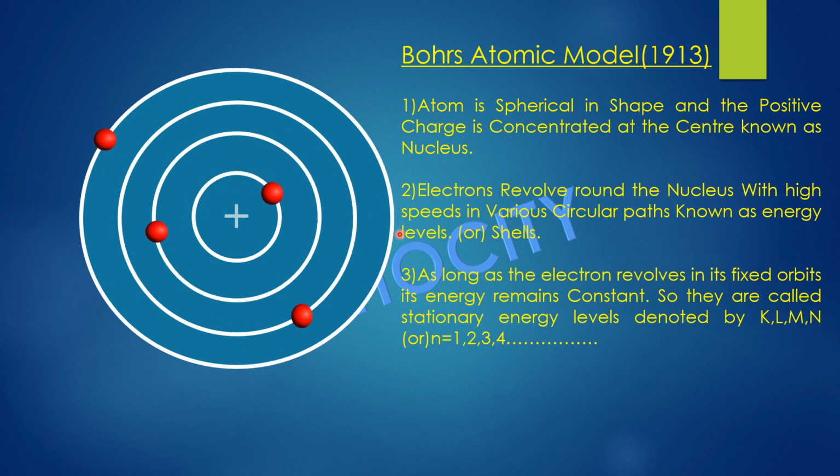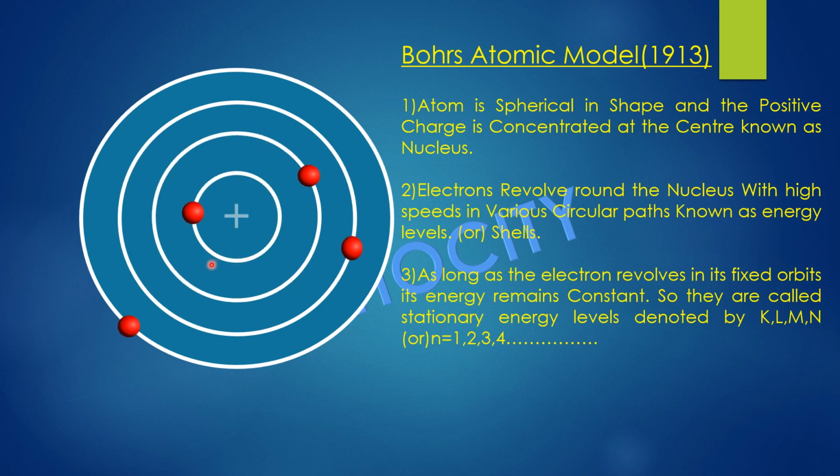Next, another important thing he proposed: electrons revolve around the nucleus in various circular paths known as energy levels or shells. As long as the electron revolves in its fixed orbit, its energy remains constant. As long as the electron is in the first shell, its energy remains constant.